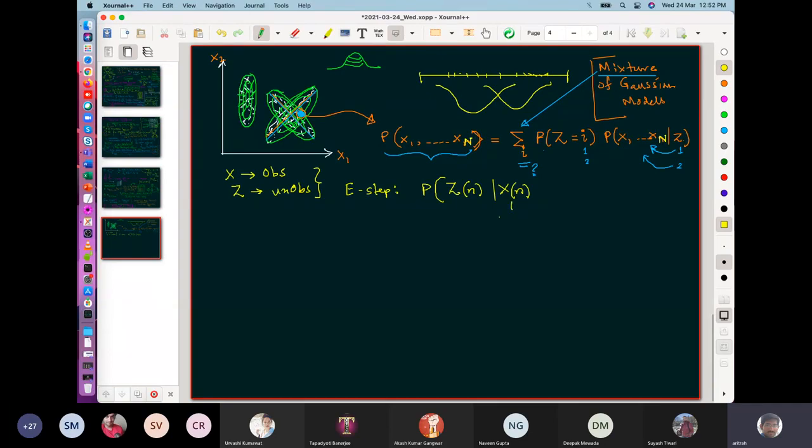Each nth point is nothing but a vector x1 up to x capital N. So I have to find out the expected value of this point being Gaussian I, Gaussian J, Gaussian K. This is my expectation step. And once I get this expectation, I will try to find out the probability of this point being a mixture of those Gaussians.